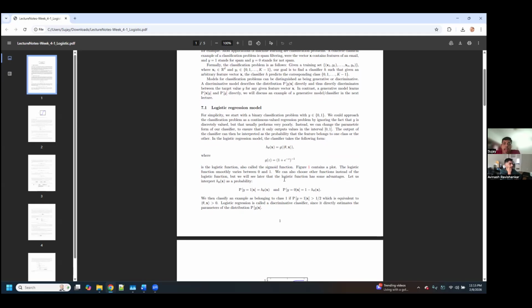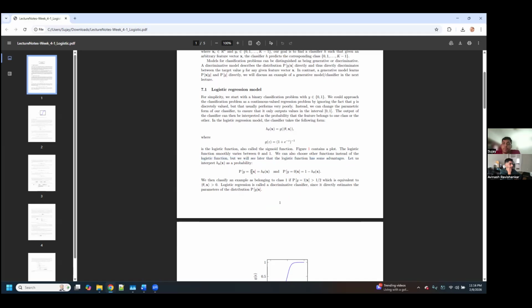Once we are doing that, if you have a probability and you need to convert it to a single prediction, meaning you have to tell me whether it is a cat or a dog, then I can use a threshold. If the probability of cat is more than 50%, I will say cat. If it's less than 50%, I will say dog.